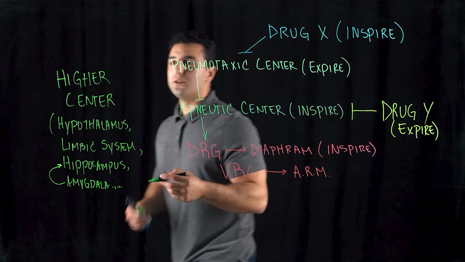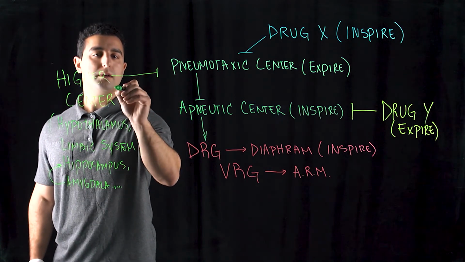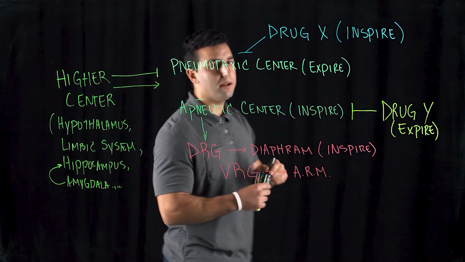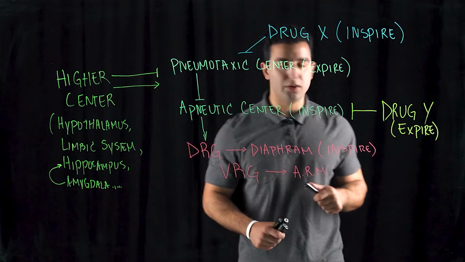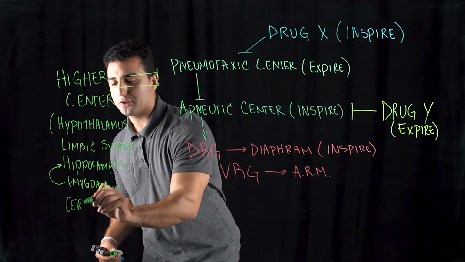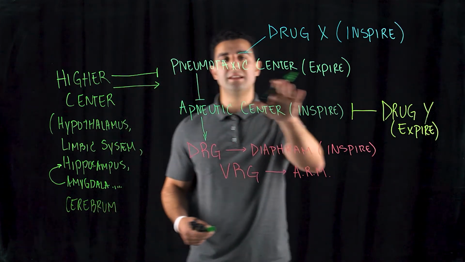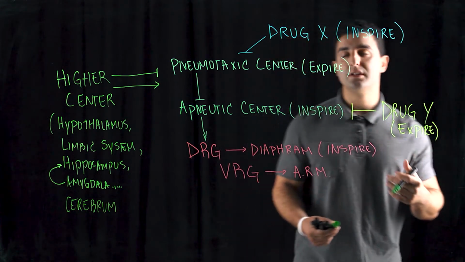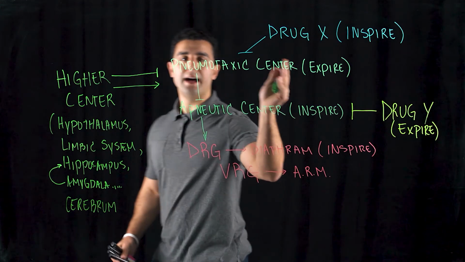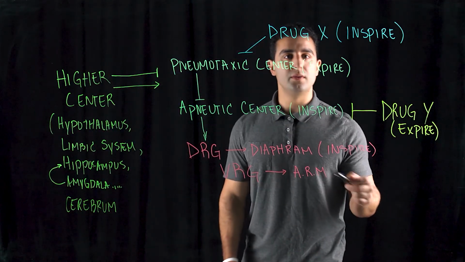So this can play either an inhibitory or a stimulatory role, depending on the stimulus presented. The higher brain center is also composed of the cerebrum, which gives you conscious control of breathing. That's why I can hold my breath, which causes an inhibition of respiration. This is the general idea of how ventilation is regulated throughout the respiratory system.